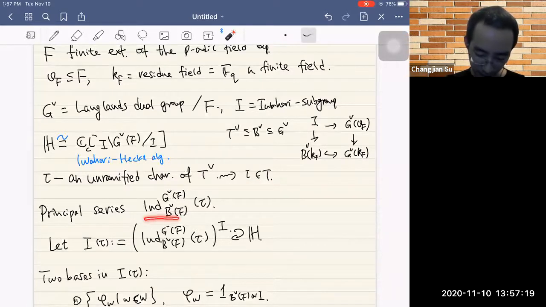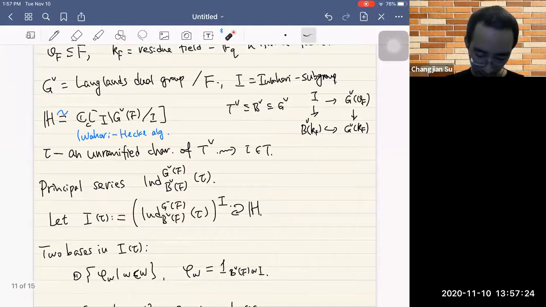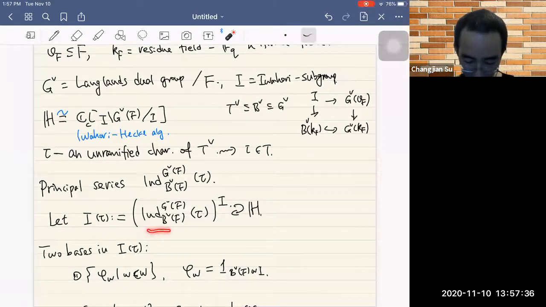Anyway, we can just consider the induced representation, and then we consider the invariants under this Iwahori subgroup, the right invariance under the Iwahori subgroup, and we denote this by I of tau. So then this space, you can just think of as the functions on the dual group which will be right invariant under the Iwahori subgroup.